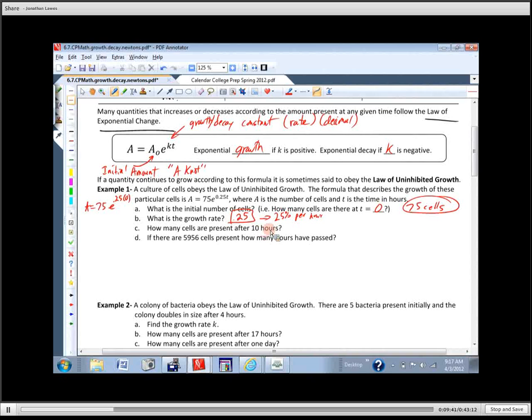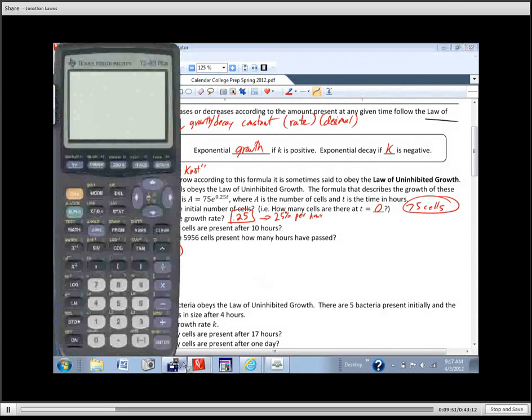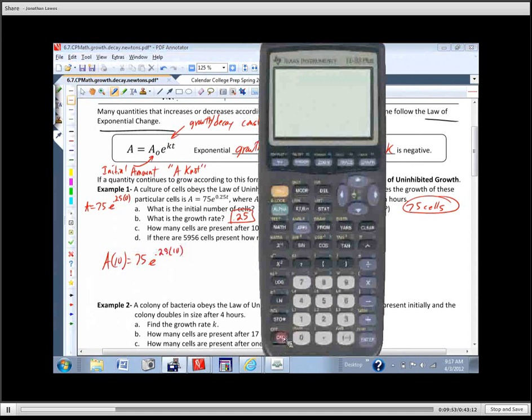They're telling us 10, they're asking us to find A. So A of 10 basically is what we're finding here. And it's going to be 75 e to the 0.25 times 10. So we'll grab a calculator and we'll plug that in and see what we get. So this is 75 and then e to the 0.25 times 10, close the parentheses, 913.68.